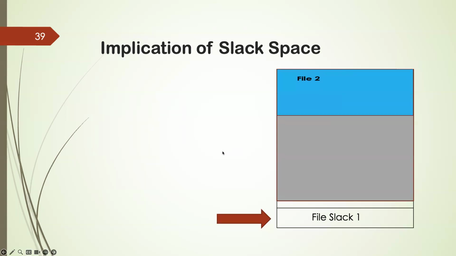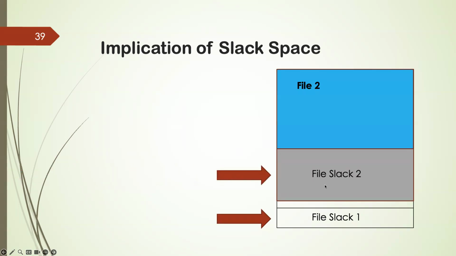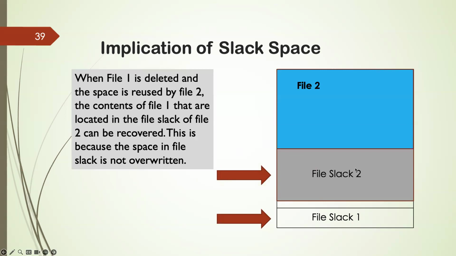and the file system writes the other file. And this is the amount of content that file number 2 will write on this particular cluster. Now, as you can see, we have the new content from file number 2, but there are still remnants of file number 1 lying on this particular cluster, or still lying on this hard drive. So this is the file slack for file number 2.